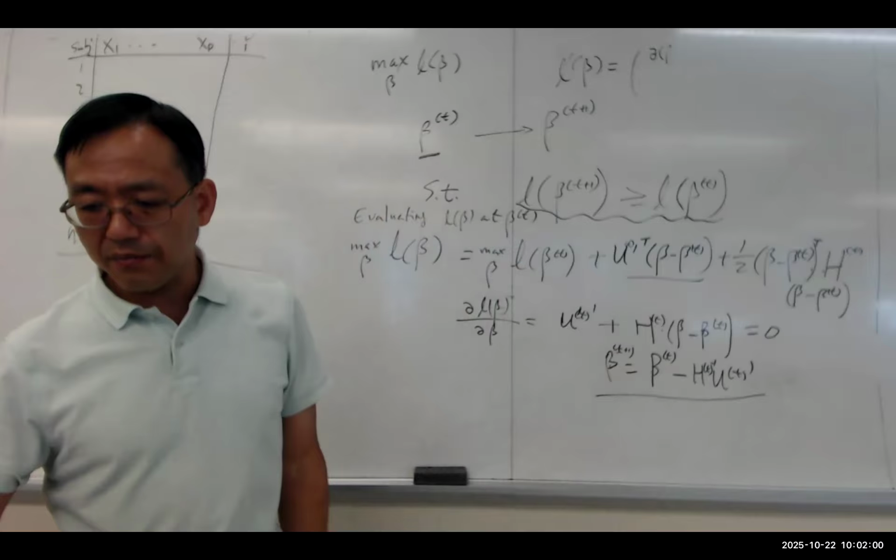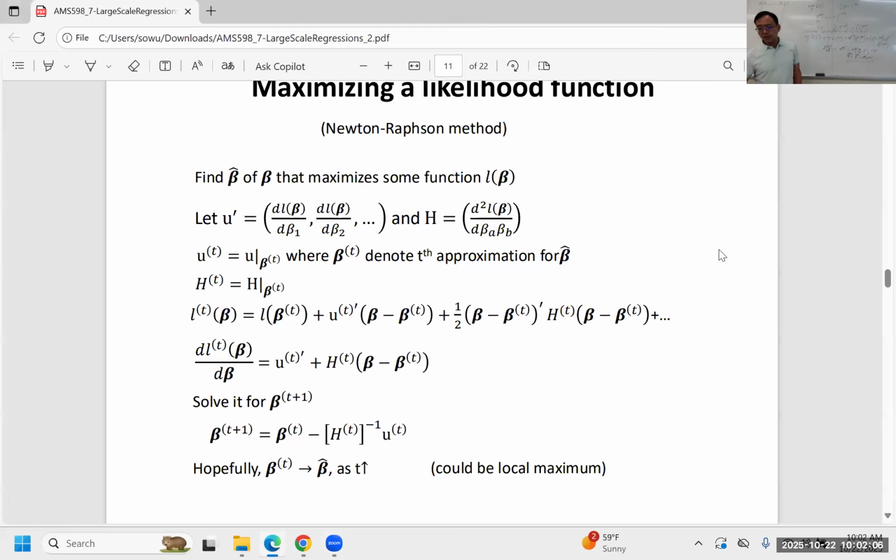But if you can see this, this slide includes the core idea about the Newton method. Even if you haven't really seen the Newton method before, I think this slide can provide a very good overview.